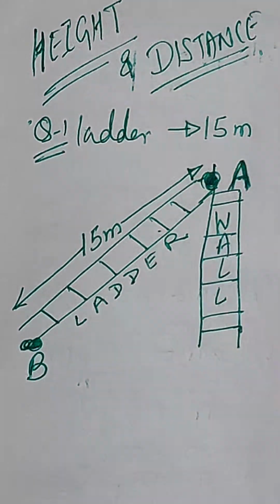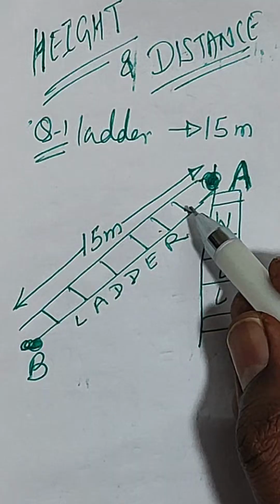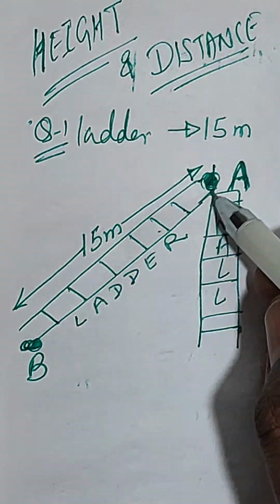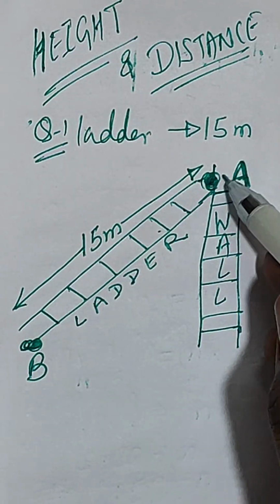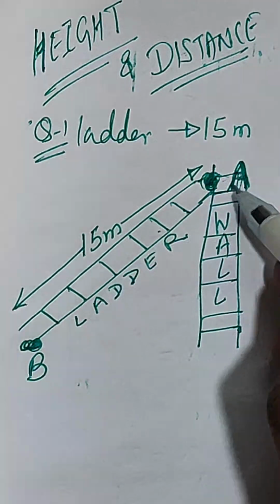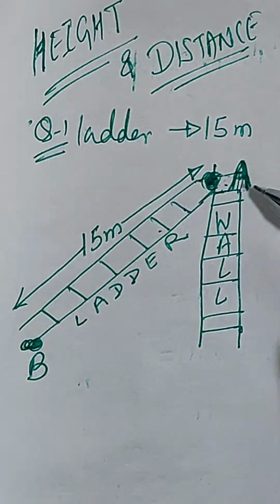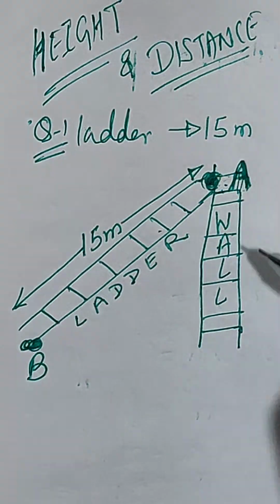Now students, a 15-meter long ladder is leaning against the top of a vertical wall. So the maximum height of this wall is till A only. So this is the point of contact at the top of the vertical wall, right? If the ladder makes an angle of 60 degree with the wall, find the height of the wall.